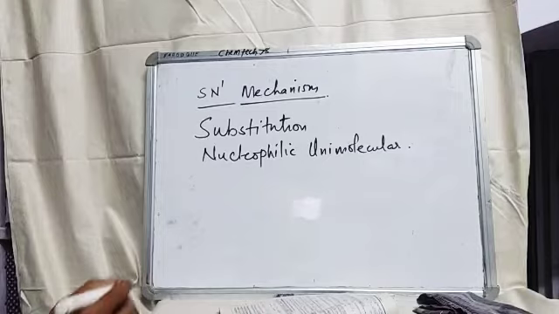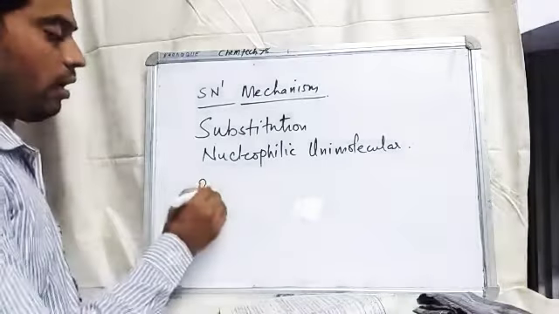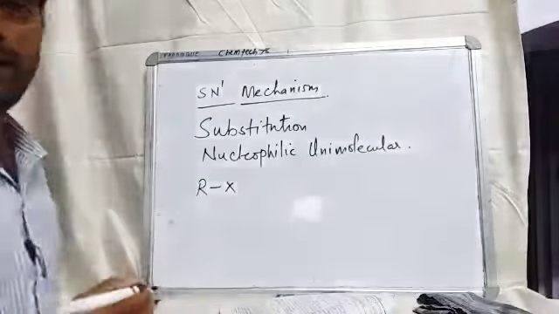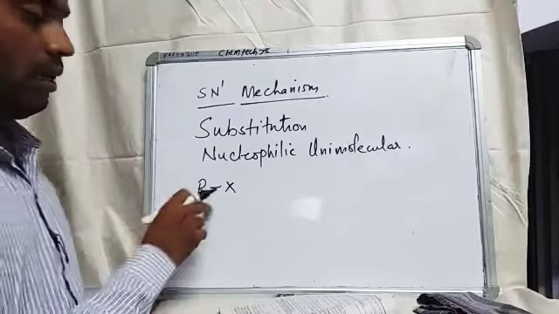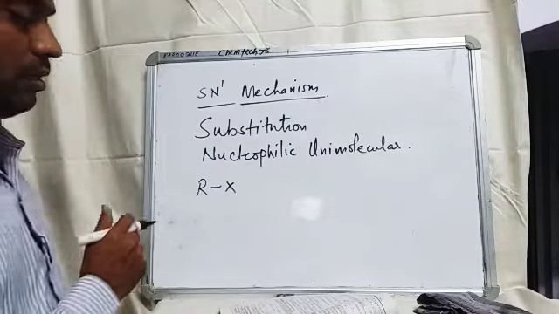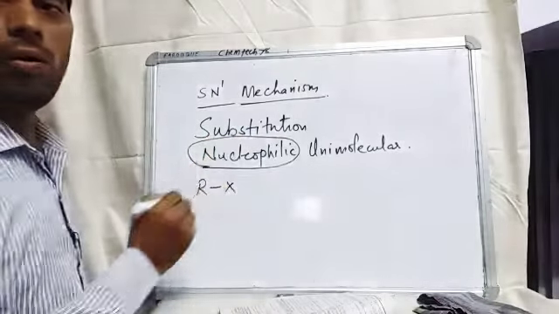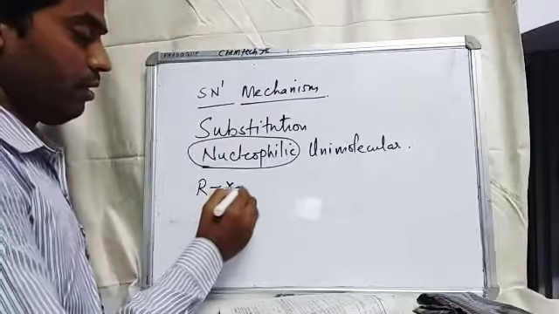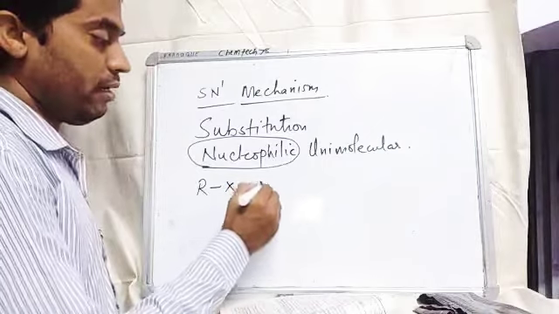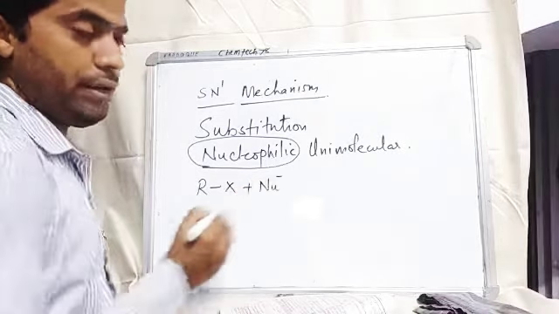For example, we have RX. RX means alkyl halide. Now here we are discussing nucleophile. We will take the nucleophile as Nu negative.